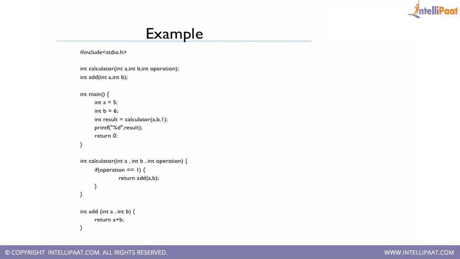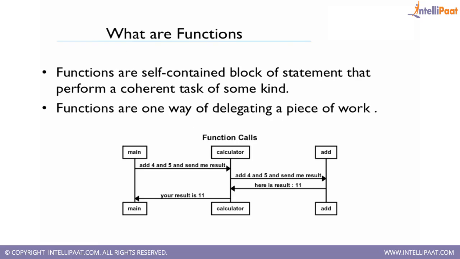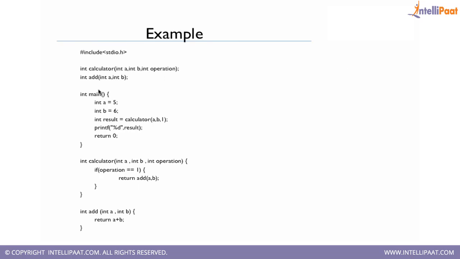Okay, let's see this example. Again, this example is whatever we have discussed in this slide: the main method, the calculator method, and the add method. So here we have a main method, and a calculator method which is declared here, defined here. We have the add method which is declared here, defined here.